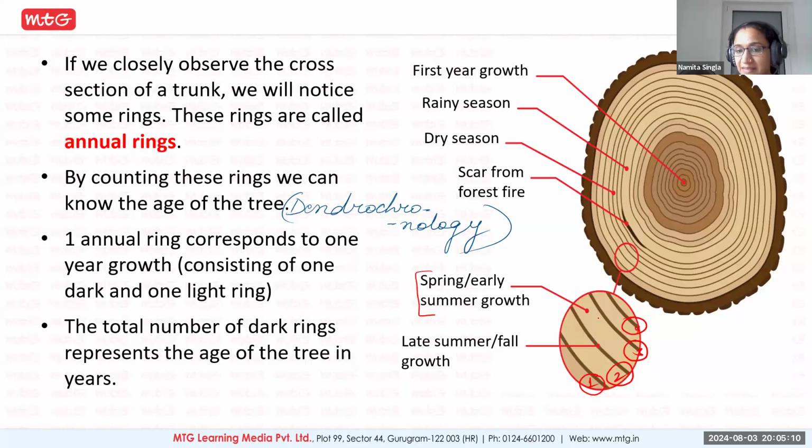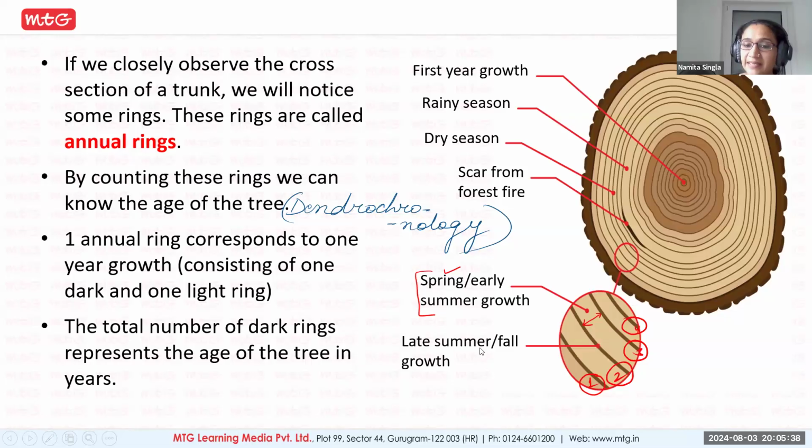So here, this area shows how much the plant has grown, whether it is the stem of the plant, root of the plant, whatever part of the plant. It shows much growth. Because during spring season, the weather is so good, a large amount of water is available. Raining also happens during this season, so plants get enough water for their growth and development. So a large amount of growth takes place in the spring season. So this growth is more.